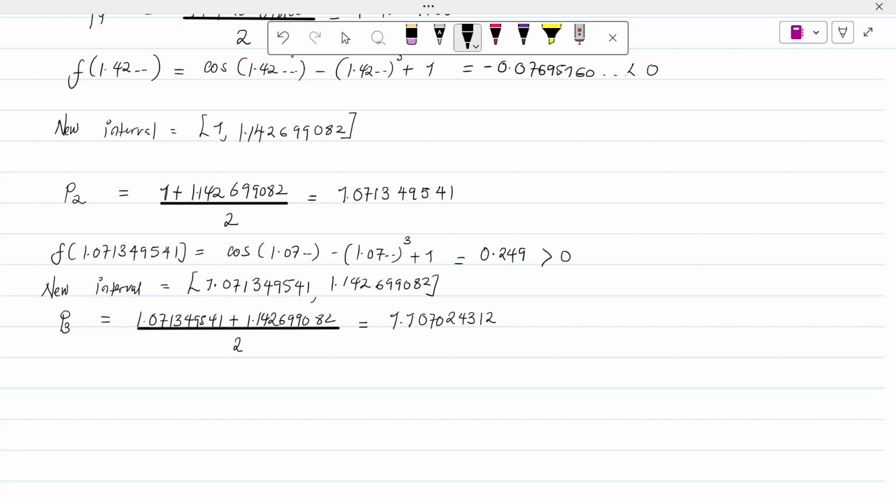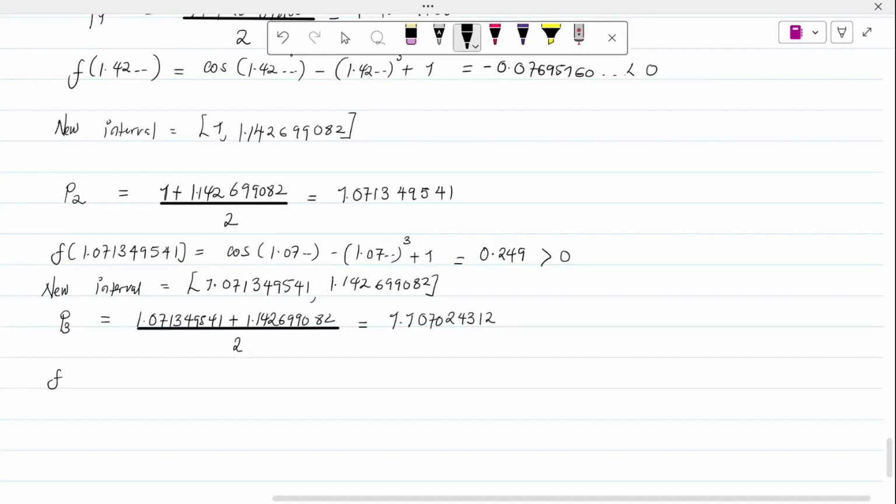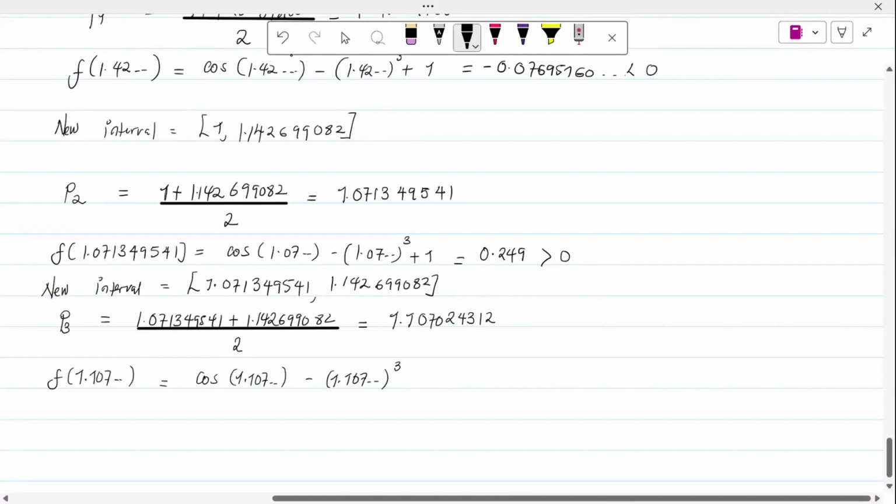Okay, thank you. So this is the value of P3. And again, let's repeat. Let's substitute this P3 in the function given. So this will be f of P3, and our P3 is 1.107. So this will be cos of 1.107 minus 1.107 to the power 3 plus 1.